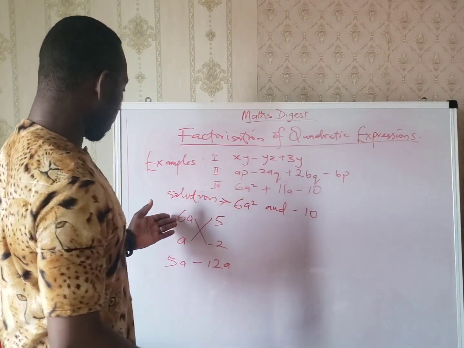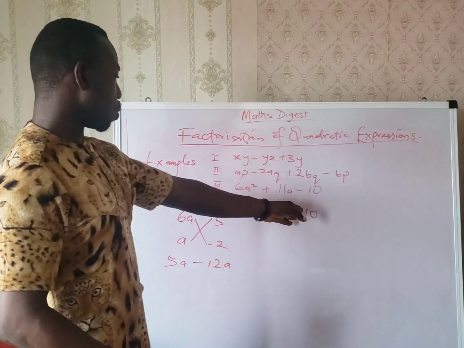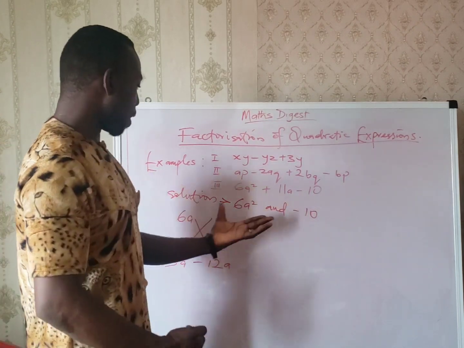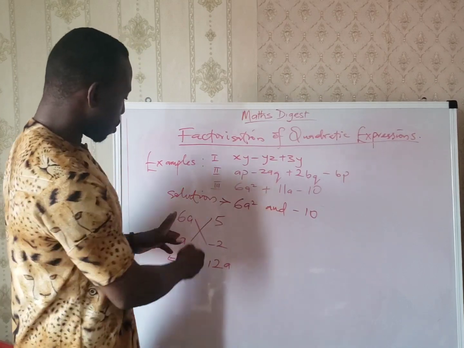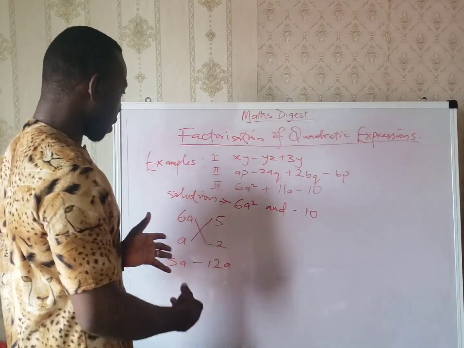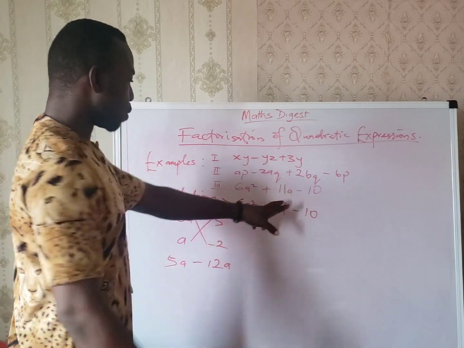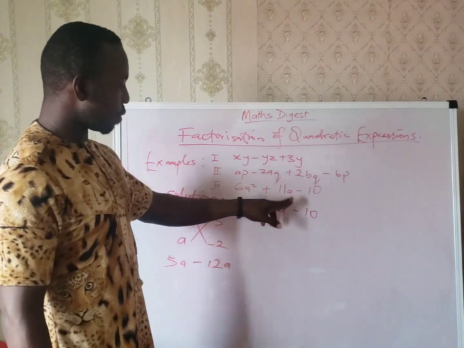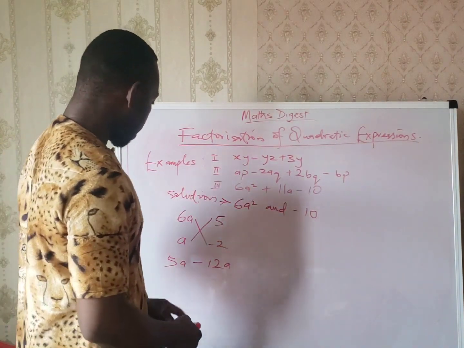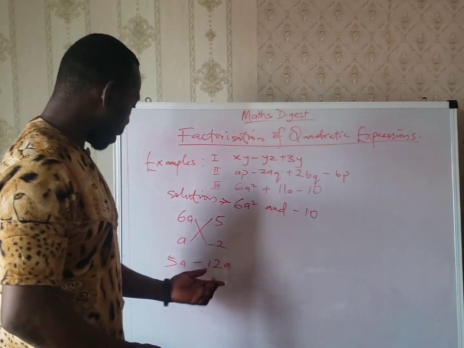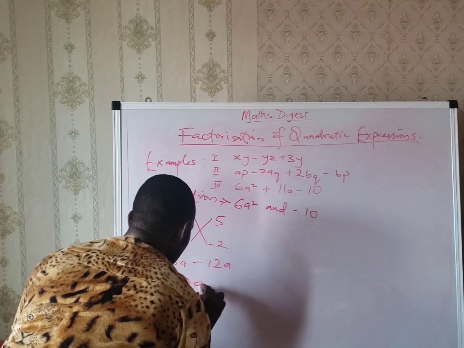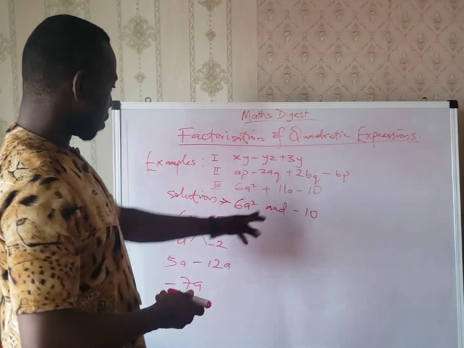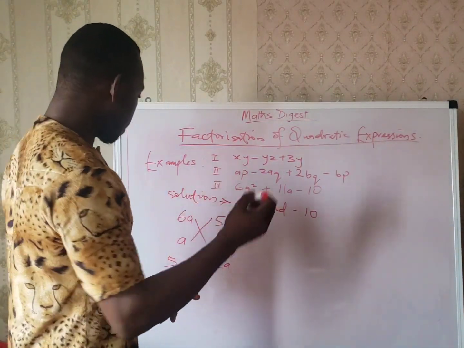After you must have gotten the factors of these two, you look for the one that when you add it together after the cross multiplication, the scissors method, will give you the middle term, which is 11a. Now if you add this together, you're going to get minus 7a, which is not 11a.